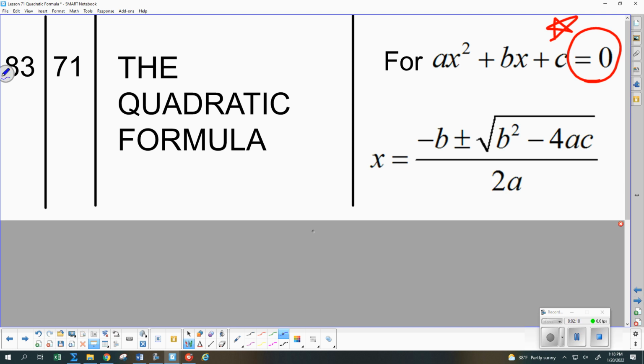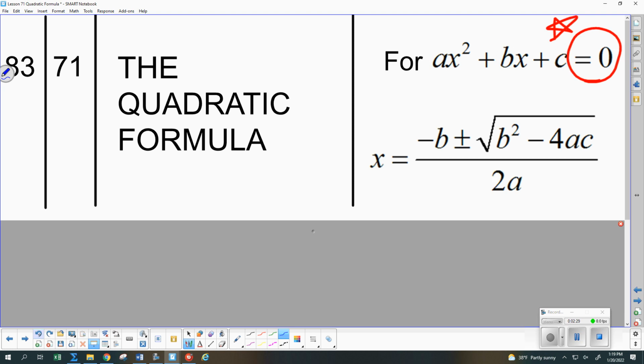What we mean by that: a is whatever's in front of the x squared, b is whatever is in front of the x, and c is the one over here by itself, and it includes the plus or the minus sign that's in front of it.